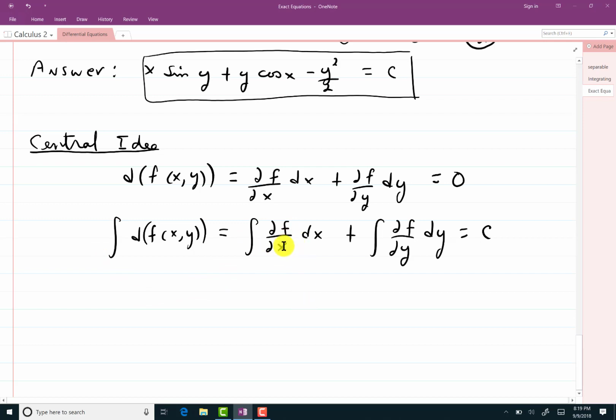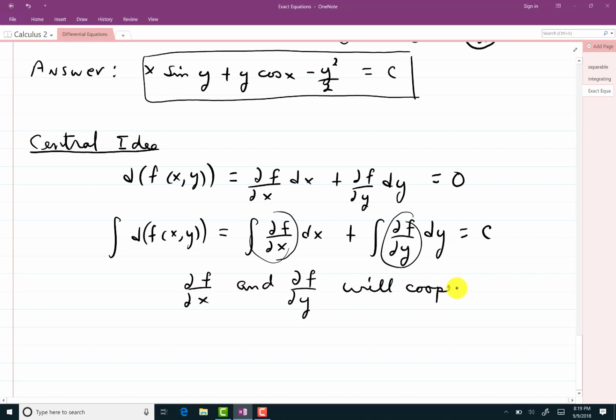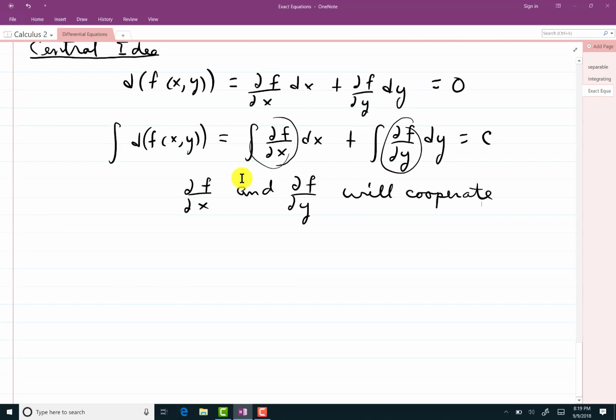I'm guaranteed to get my f back only if this thing here and this thing here cooperate with me. I'm just going to use that word, cooperate. That means both of these will give me the same function of two variables, so long as this piece in front of the dx and this piece in front of the dy came from the same f.